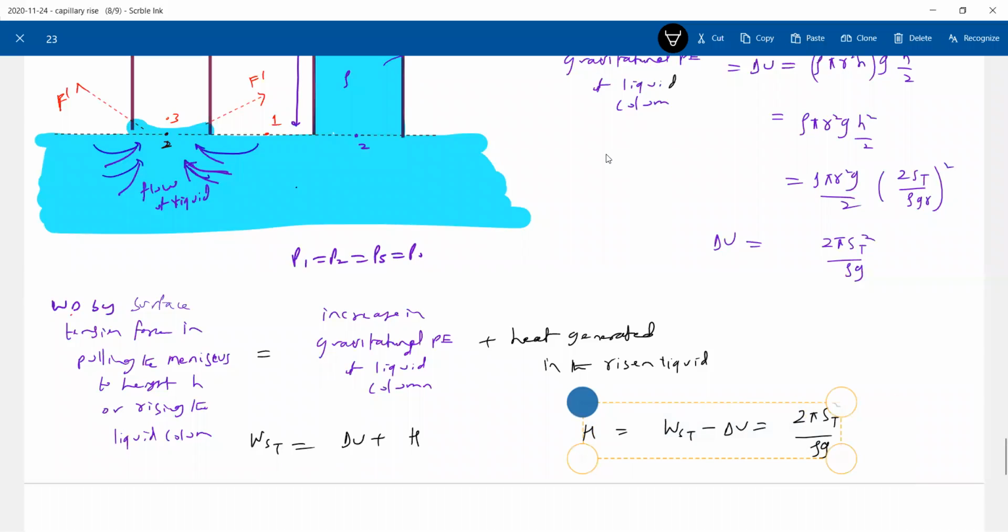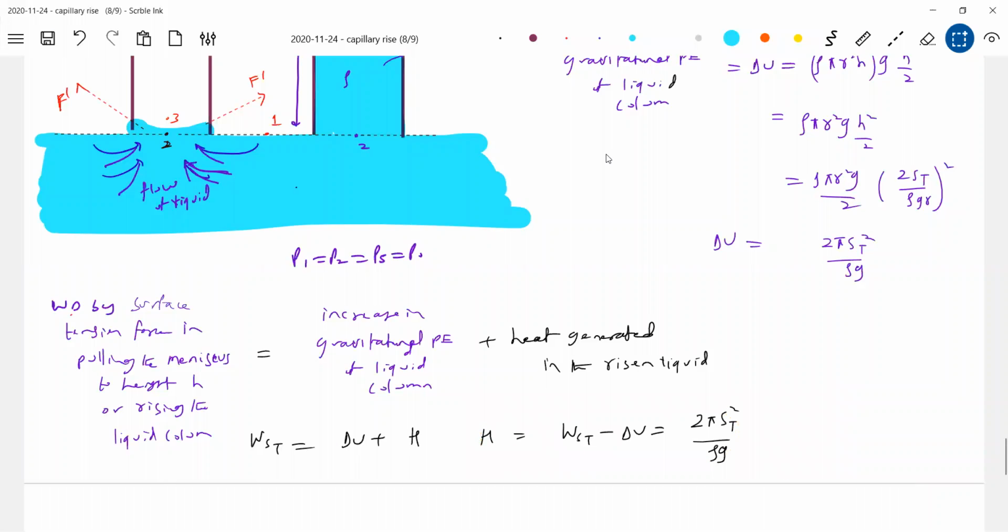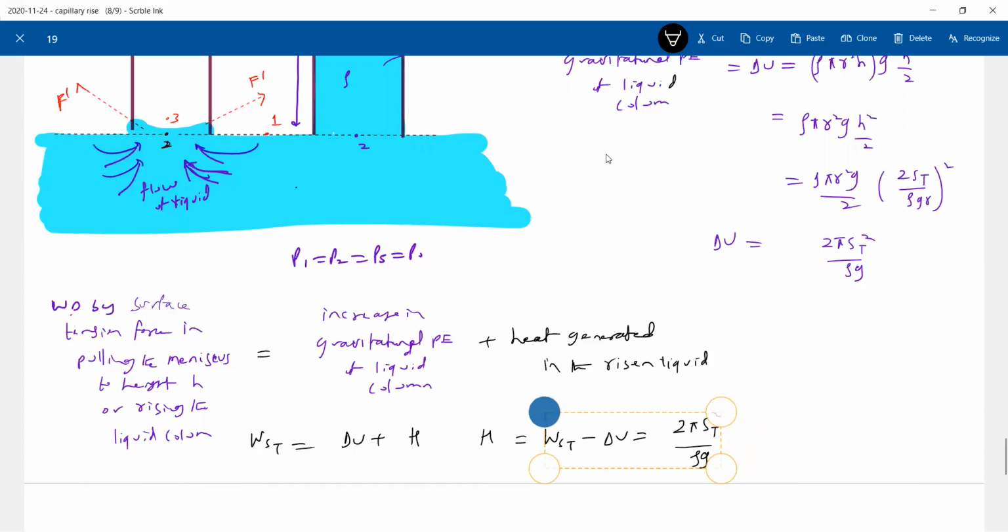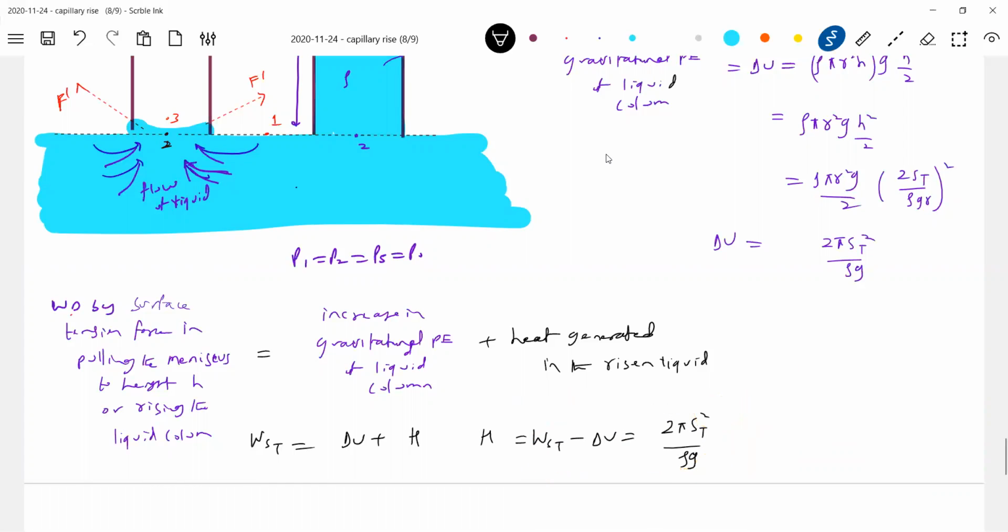Very good theoretical things. They will trouble you, so be careful. Therefore, in capillary rise, energy is released.